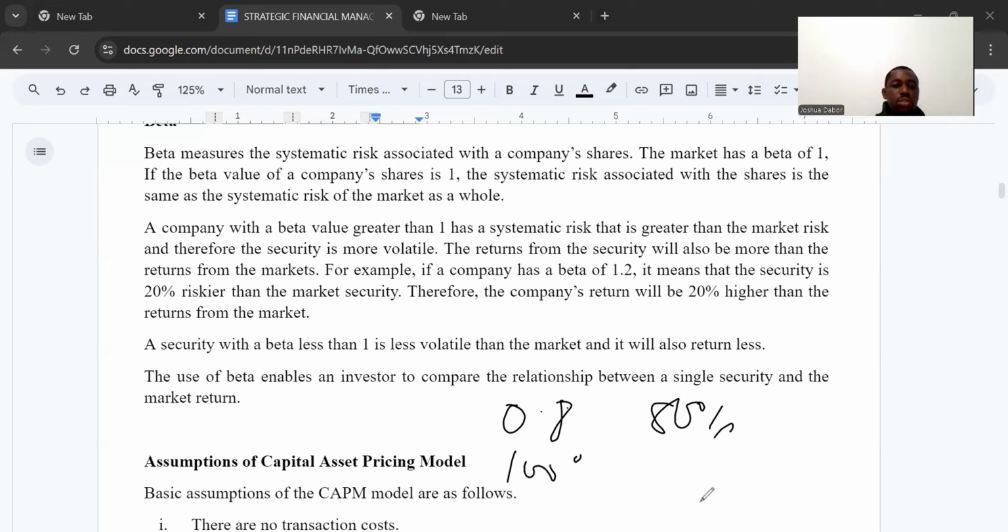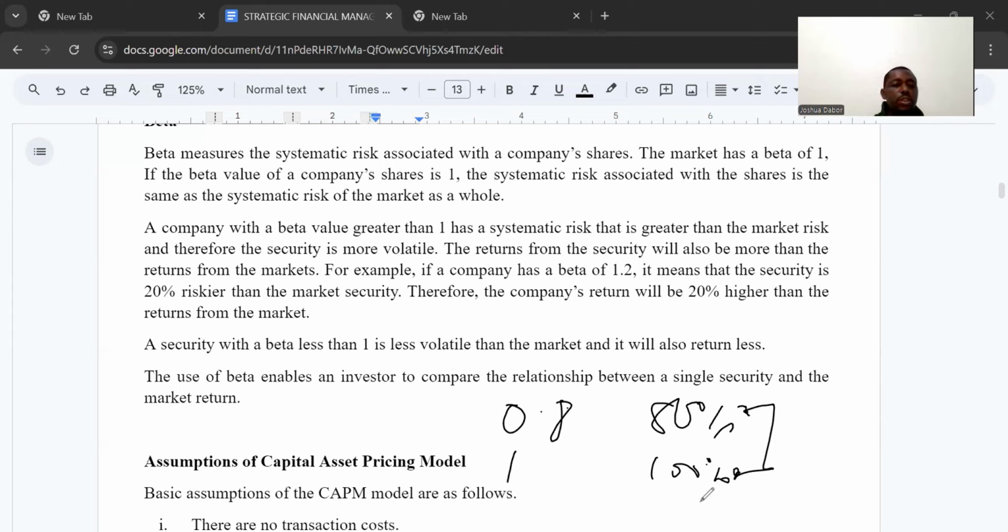The market is always 1 or 100%. That means this security will be returning 80% of what the average security in the market is expected to return.